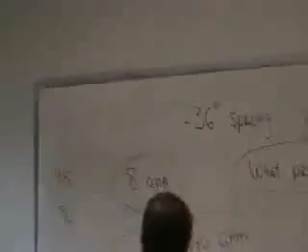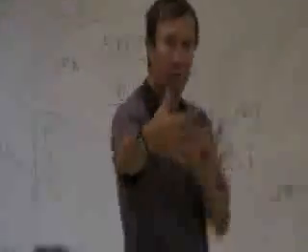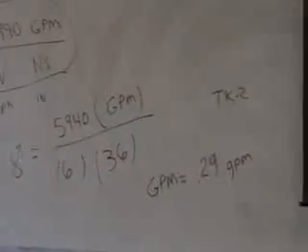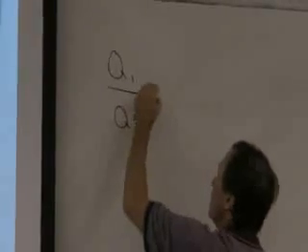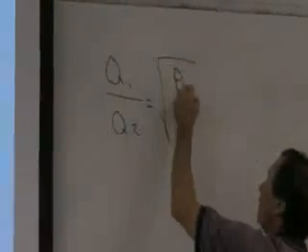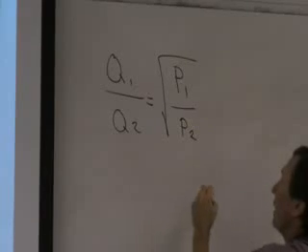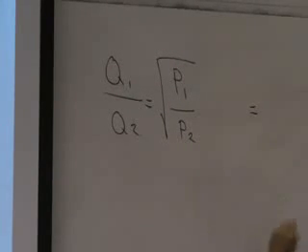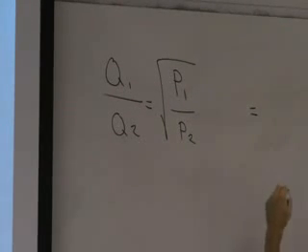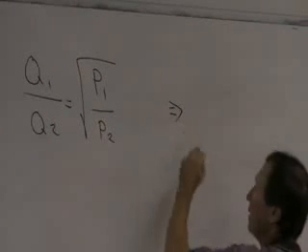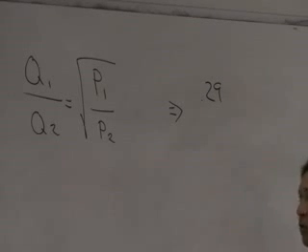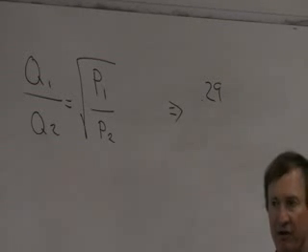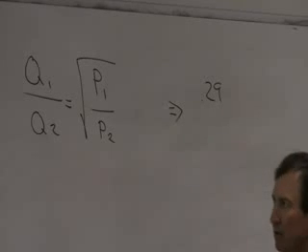So what I'm going to do now is I'm going to jump over to the other board, and Q1 over Q2 is equal to square root of P1 over P2. Now, Q1 is going to be the flow that I know, which is 0.29 gallon per minute. So 1 is the instance that I'm trying to figure out. So I'm trying to figure out P1.